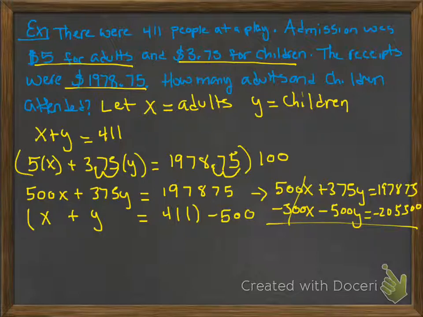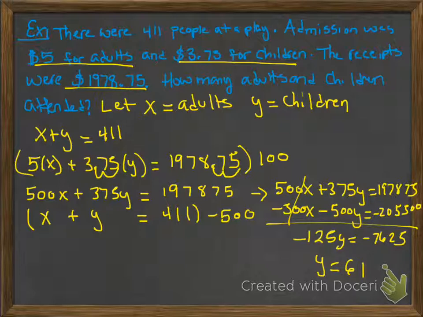X's cancel out. I end up with negative 125y is equal to negative 7625. Divide, y is equal to 61.